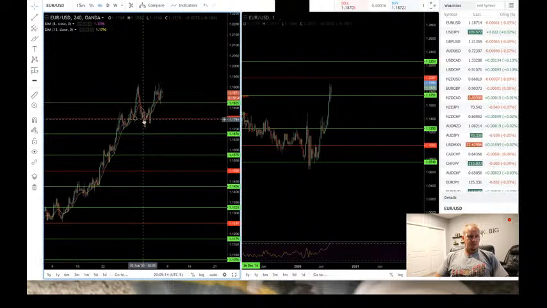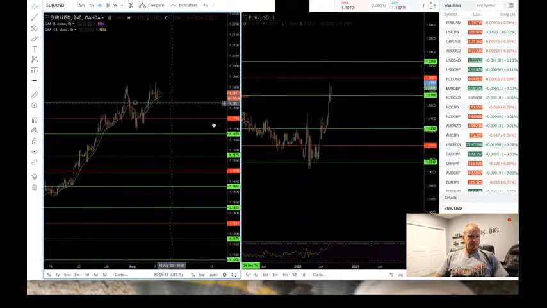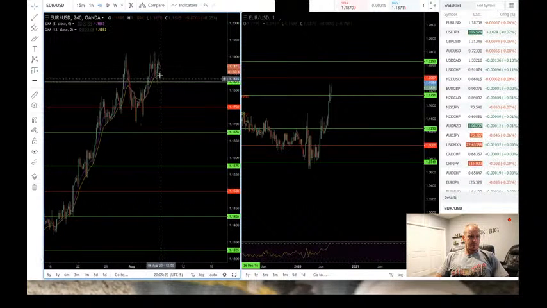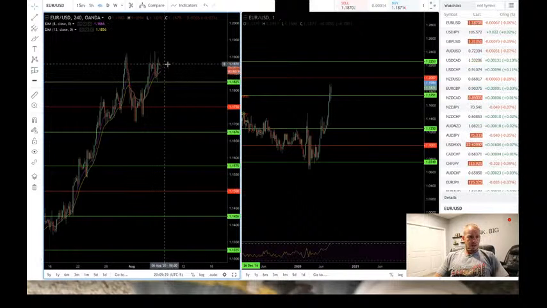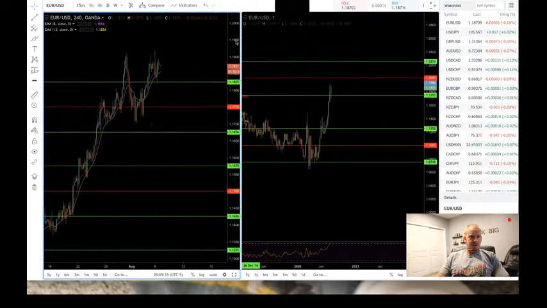We had one stop out here. We had our close. We had our entry point right here, 1.1825, and currently long got about, I don't know, 45 pips on this, right? Shooting for that target of $1.20.